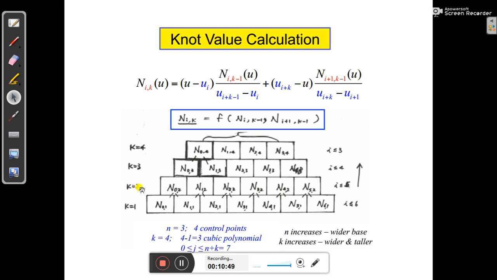Then for k equal to 2 we need to find N0,2, N1,2, N2,2, N3,2, N4,2, N5,2. That is i less than 5. When k increases, i decreases. In that way, this is k equal to 3: N0,3, N1,3, N2,3, N3,3, N4,3. So for each value of k and i, we stack them up, and the values are associated with n and k.